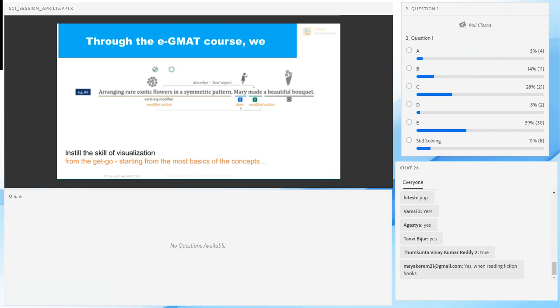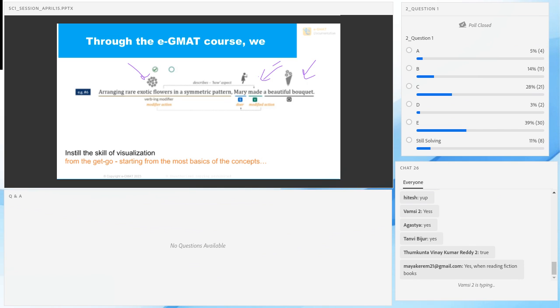And how do we do that? Throughout the e-GMAT course, we start even from the simplest of sentences. For example, you read this sentence here: arranging rare exotic flowers in a symmetric pattern, Mary made a beautiful bouquet. We didn't really have to use these visual cues over here. But why do we use them?